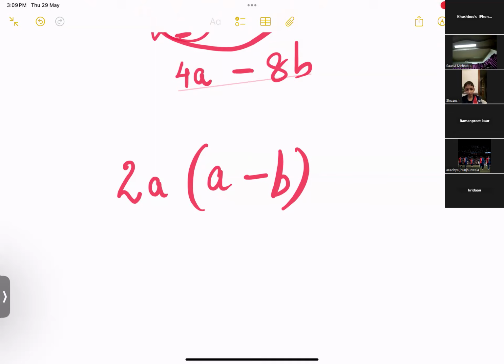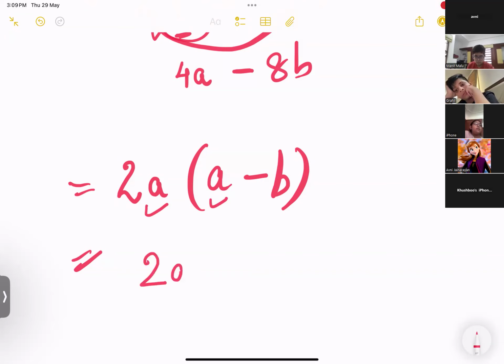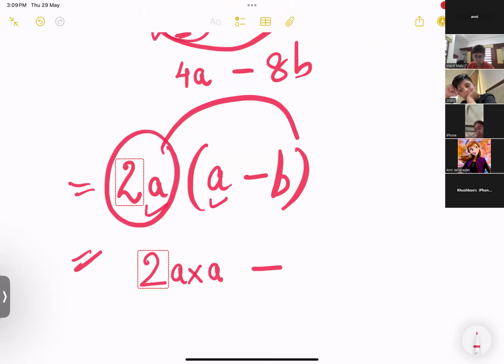That is wrong. First, the bracket is with everything. Okay, so let us do this together. Who was the one who just answered? Ma'am, me, Manit. Okay, so Manit, let's solve it together. Even you have made a mistake. Ayantika, look at your answer. 2a times a, so it is right, 2a times a minus 2a times b. Correct?